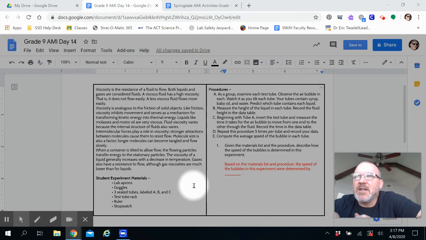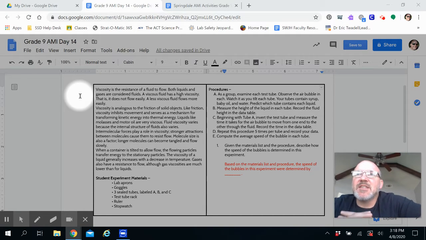This question really only asks about how you are going to do something in the experiment. We should be able to answer this question just by reading through the materials list and the procedures. We should have an idea of what we're going to do in order to determine the speed of the bubbles.